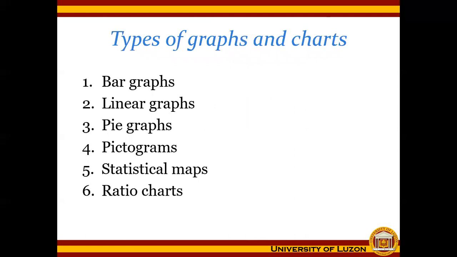So these are the types of graphs and charts that we can use. It can be in the form of bar graph, linear, pie, pictogram, statistical maps, or ratio charts. Okay, so that's for the three types of presentation: textual, tabular, and graphical.